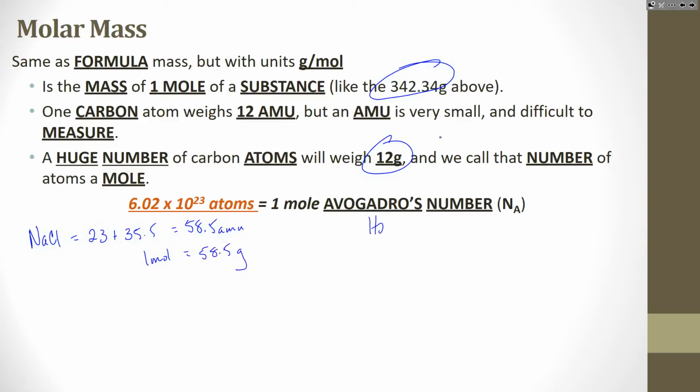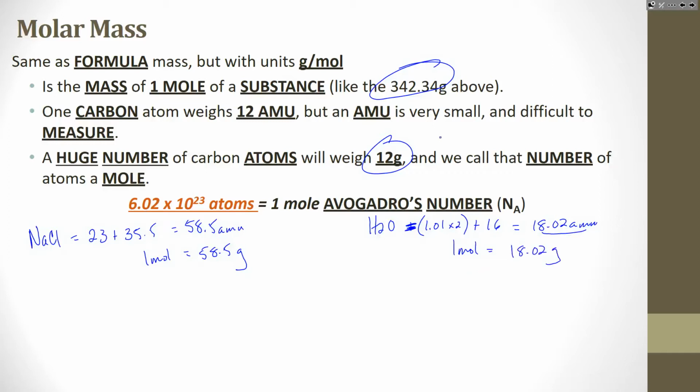Well, if we did the same thing for water, H2O is equal to 1.01 times 2, because there are 2 hydrogens, plus 16, is 18.02 AMUs. If you wanted a mole of water, this is what 1 molecule weighs. 1 mole would weigh 18.02 grams.